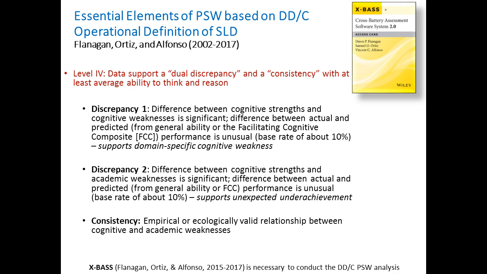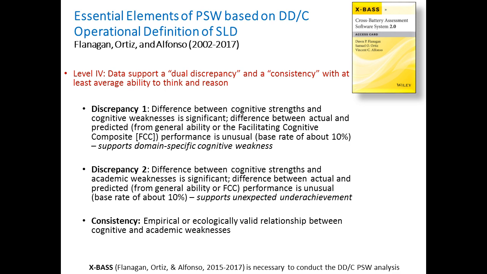unexpected underachievement. And then the next piece that comes in is the consistency piece, and that is, is there an empirical or ecologically valid relationship between your cognitive area of weakness or weaknesses and your academic area of weaknesses? That requires an understanding of the research on those relationships.